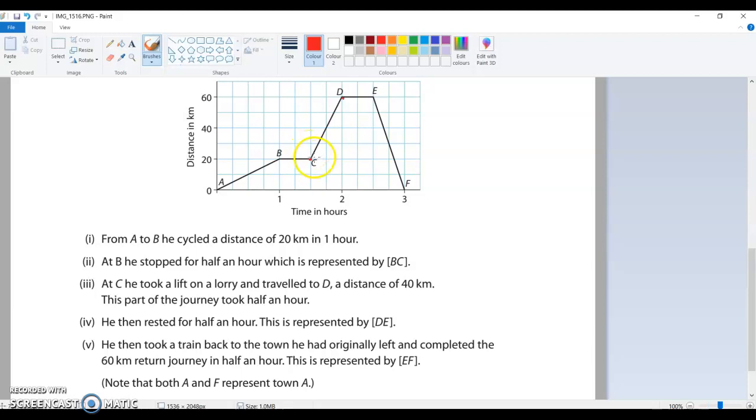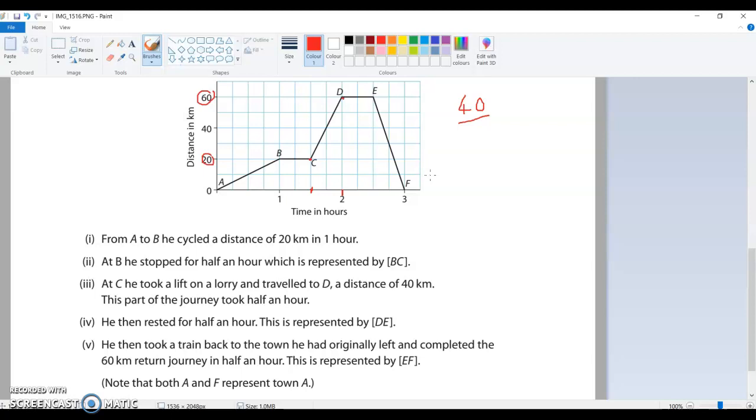So if I wanted to get the exact speed from point C to point D, you are going from 20 kilometers to 60 kilometers. So if you were doing the speed equals distance over time formula, that would be distance 40 over, what's the time? The time between C and D is 1.5 hours to 2 hours.